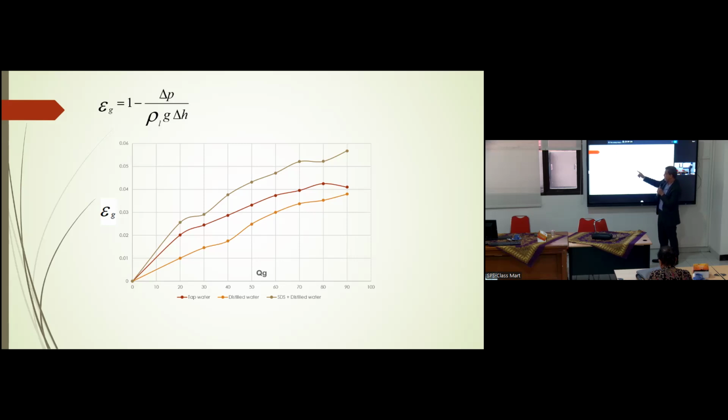In tap water, we have more gas than distilled water. And I have more gas when I put some surfactant. The surfactant increases the number of bubbles. This will be an indication also for the presence or not of surfactant.